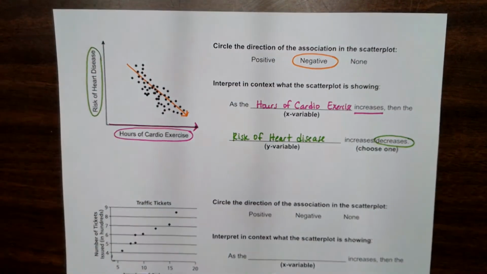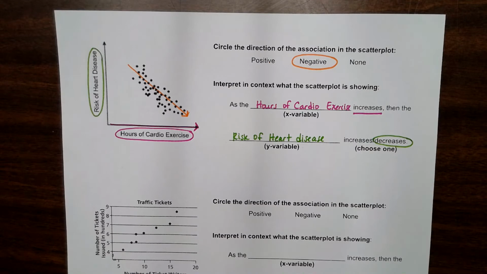And we're going to choose decreases because this graph seems to be going downhill. So as the hours of cardio exercise increases, then the risk of heart disease decreases. If you think logically, this makes sense. People who do more cardio exercise generally have a lower risk of heart disease.